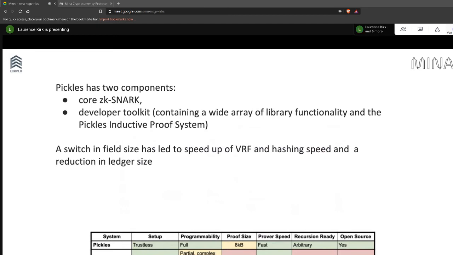It's fast to produce the proof, and can easily do recursion, and it's open source, which is always a good thing. Some of the improvements in Pickles was they changed the field size, which led to some cryptographic improvements, which meant that their cryptographic functions or primitives sped up and reduced the overall size. So yeah, there's quite a recent improvement in Pickles.